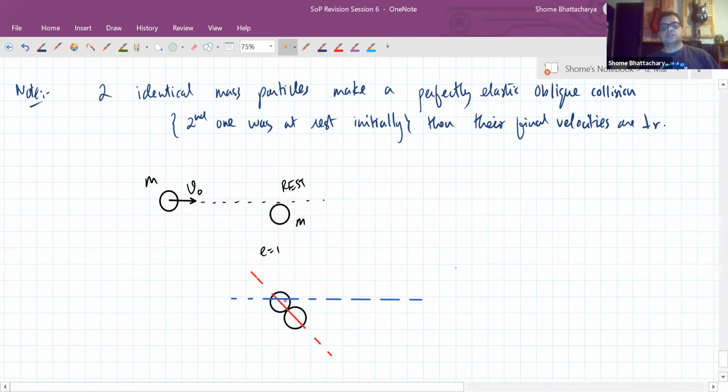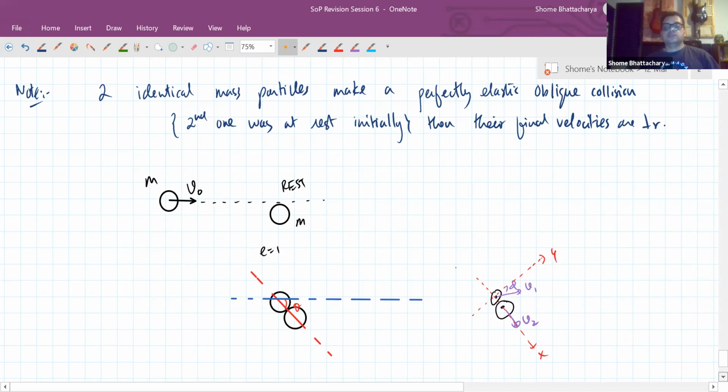So if this angle is again theta, what we can see is that after impact, if this has a final velocity v2, this has a velocity v1, where this angle is phi.